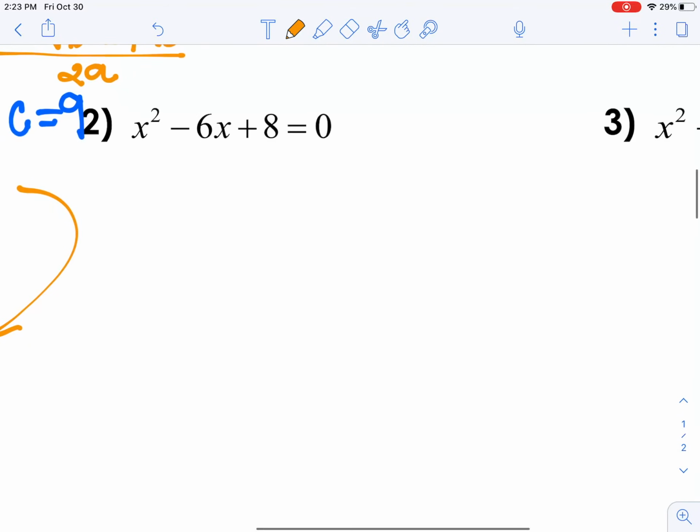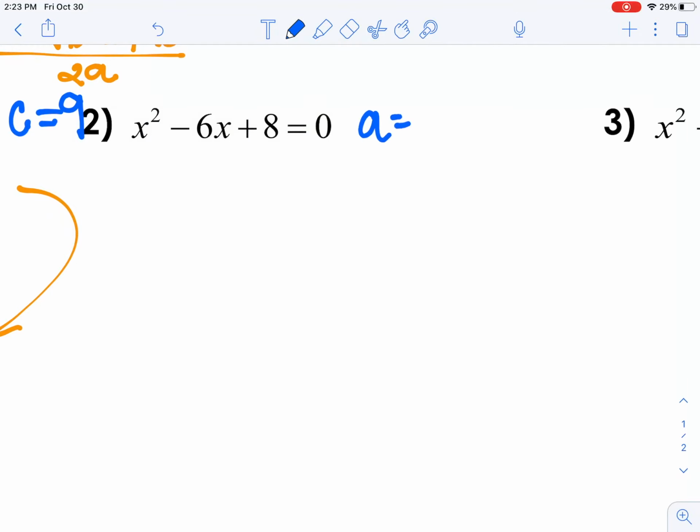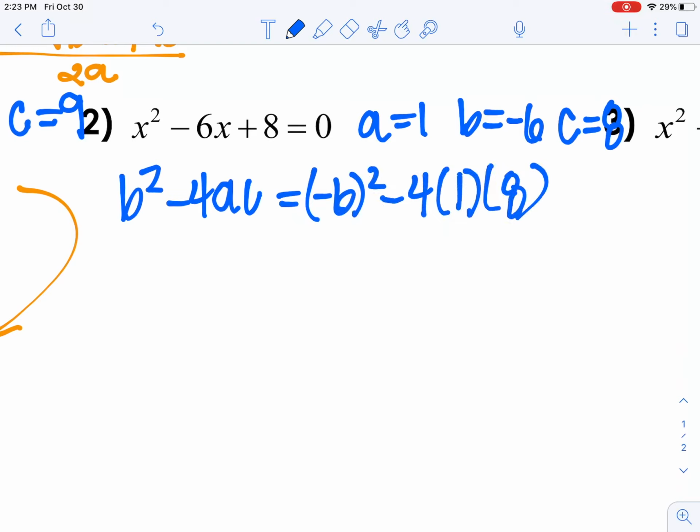Okay, number 2, we have an a value of 1, b is negative 6, c is 8. So when I do my discriminant, my b squared minus 4ac would be negative 6 squared minus 4 times 1 times 8.